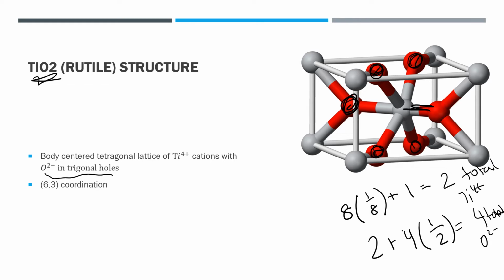And for titanium, I can look at the center one really easily, and we see that I have 6 bonds to different oxygens: 1 here, 1 here, 1 there, 1 there, 1 there, and 1 there. It's right in the center, so it's really clear to see. So we have these 6 nearest neighbor oxygens, which gives us a 6 coordination for the titanium. In other words, this is a 6-3 coordination structure, right? 6 for the titaniums, 3 for the oxygens.